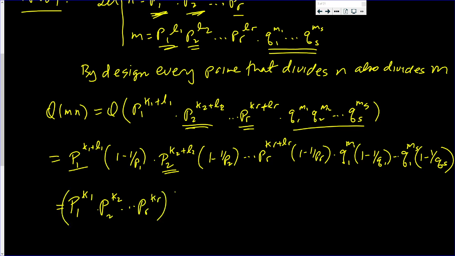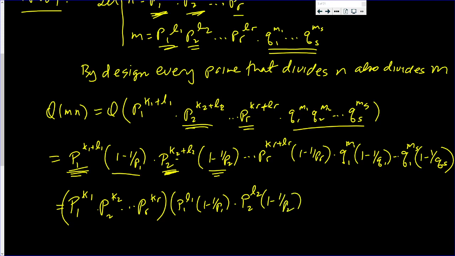And what's left will be p1 to the l1 times 1 minus 1 over p sub 1, times, we factored out p sub 2 to the k2, so we have p sub 2 to the l sub 2 times 1 minus 1 over p sub 2.